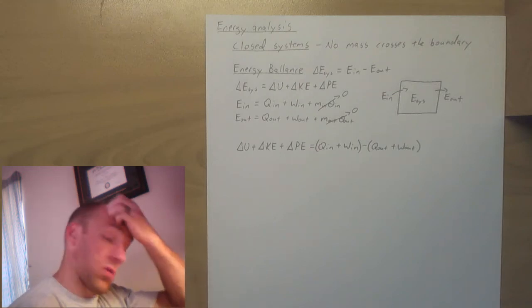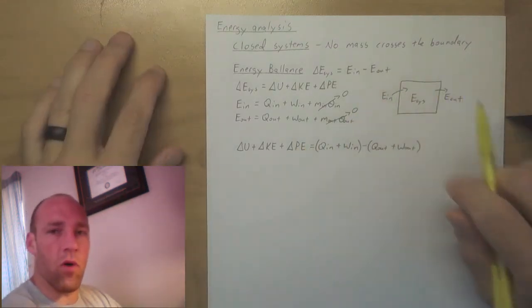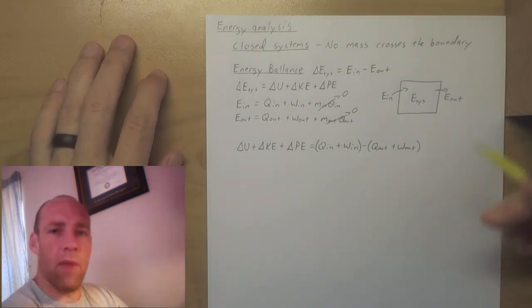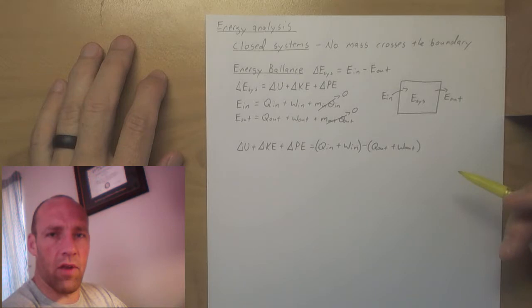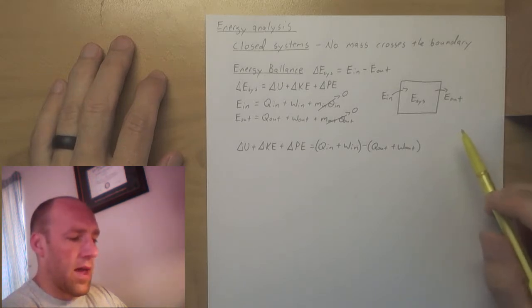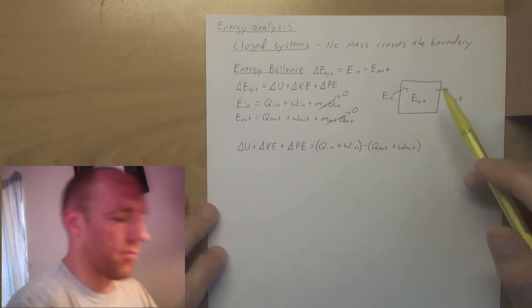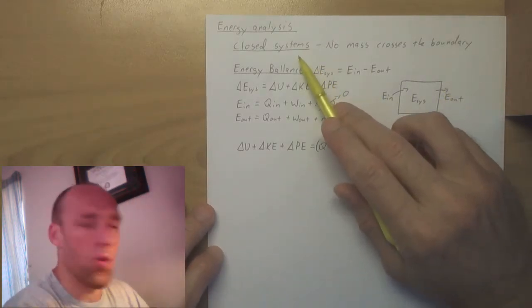Okay, so now we're going to expand somewhat on what we've learned so far and just put basically the two parts together. We'll start with a simpler case, what's called a closed system.